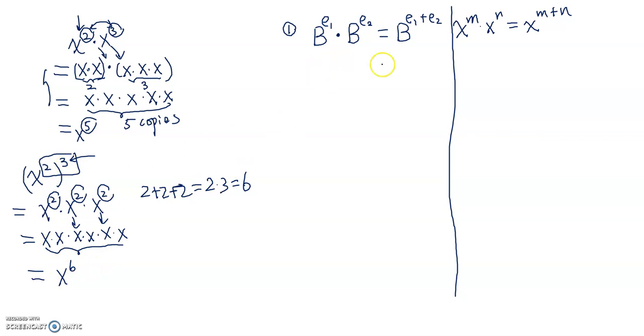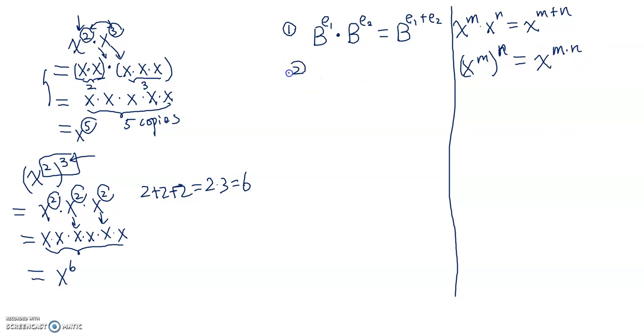So the second formula we have is, usually in the textbook, you see the formula is written this way: x raised to m and then raised to n. In this case, you will have x to m times n.